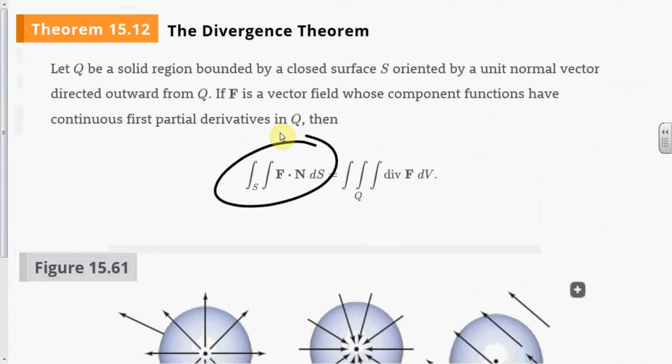Would you say it is the flux? It's the flux. This is the flux integral. So Gauss said, look, I can find the flux by not computing the flux. He said, I can find the flux by computing the triple integral on the divergence.